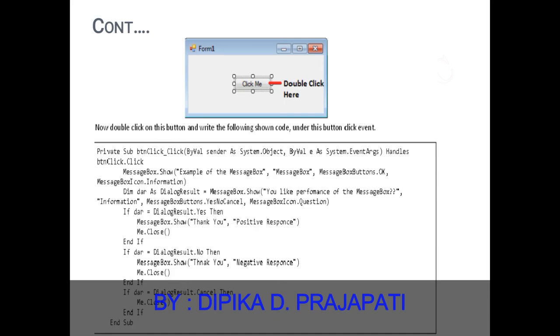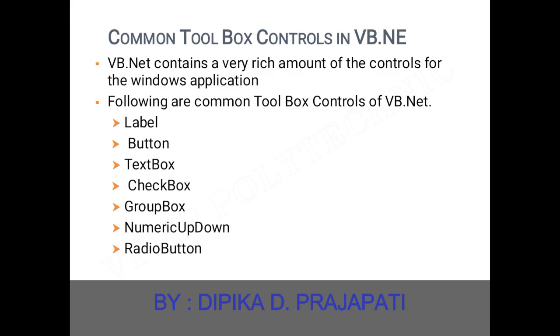First of all, MessageBox.Show, the message is the example of the message box, and Message box is our title. Then MessageBoxButtons.OK and MessageBoxIcon.Information. These types of coding are provided by message box.